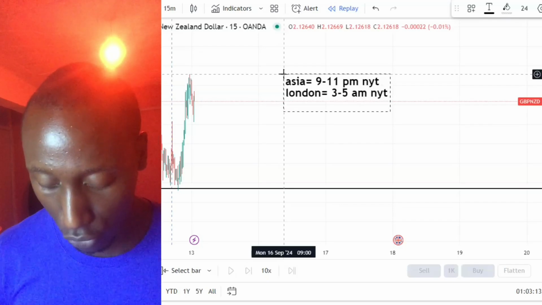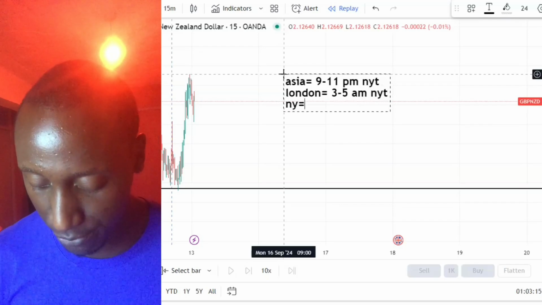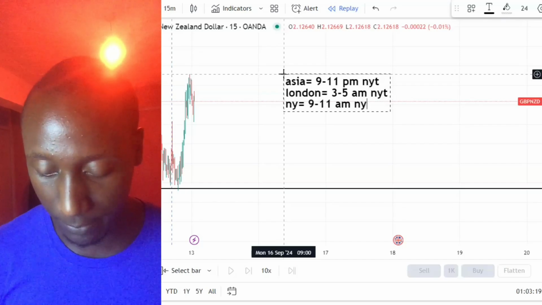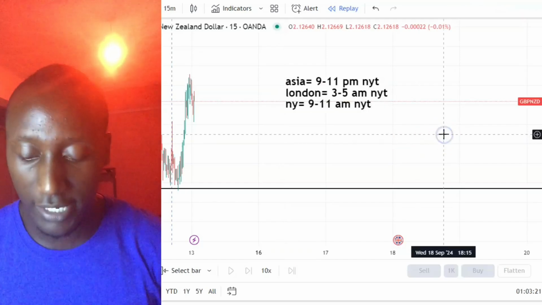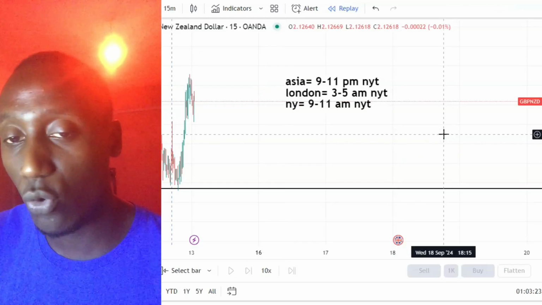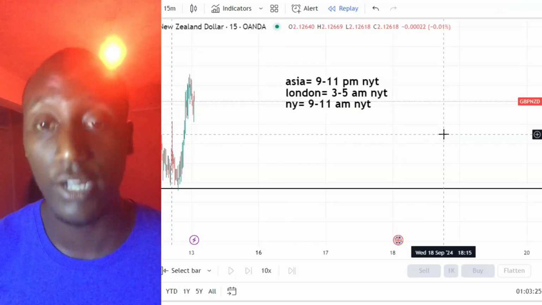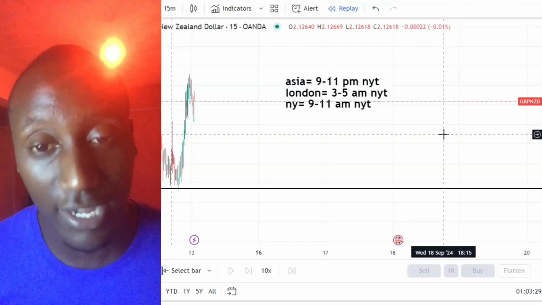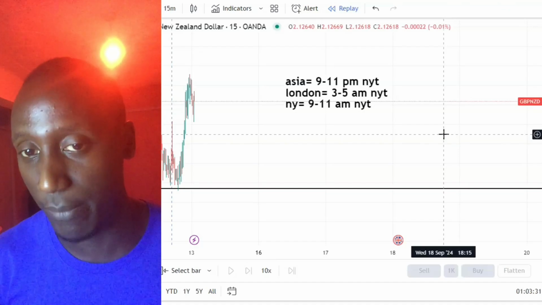And then for New York, the time is between 9 and 11 a.m. New York time. So on this particular day, the only time you open your computer to look for setups is between these times. Anything outside of that, that is not trading, that is gambling.